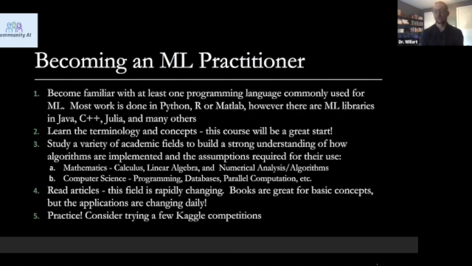Within mathematics, you'll need to learn calculus and linear algebra, and it's good to have a background in a course called algorithms or numerical analysis, which basically tells you how to understand and manipulate algorithms and be sure that you're using them the right way, and understand how long it's going to take for those algorithms to run within the computer.